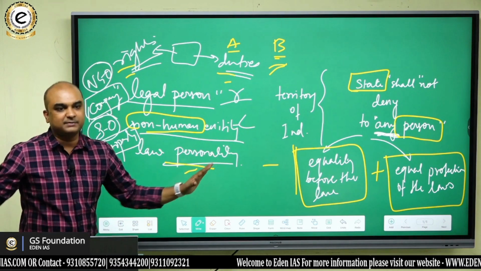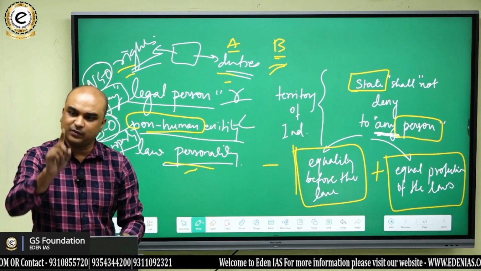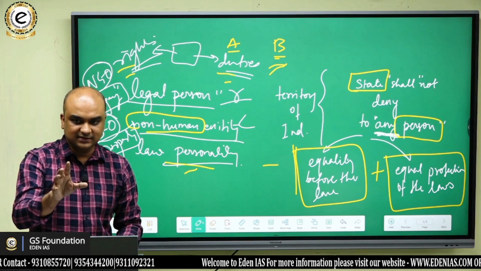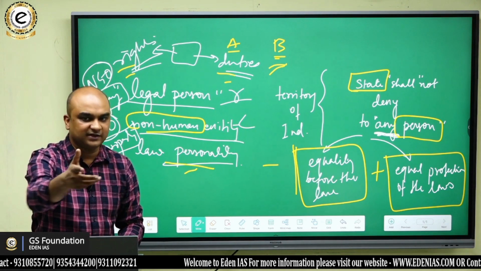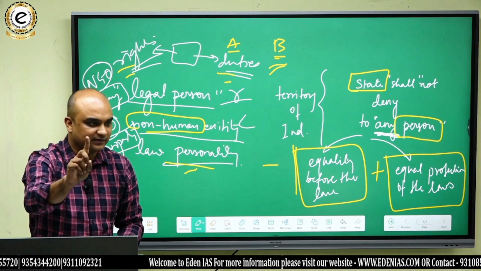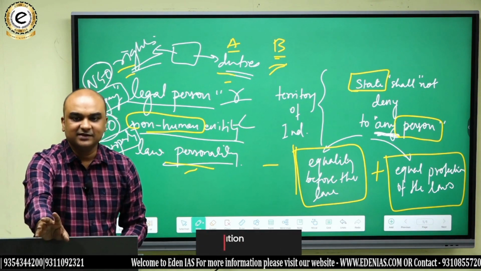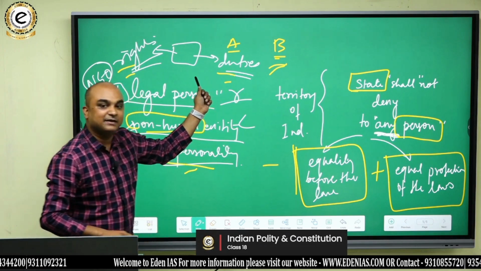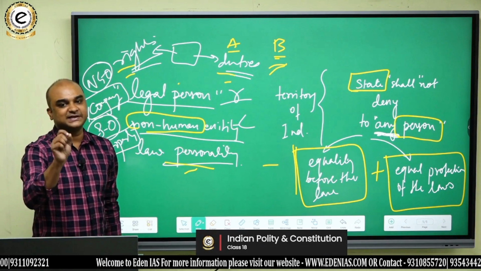So for all the people in India, we see there is one set of laws. Like, is it the case that for you there is a different GST and for someone else there is a different GST? For all of us there is the same GST, right? And we are amenable to the jurisdiction of the same set of courts.